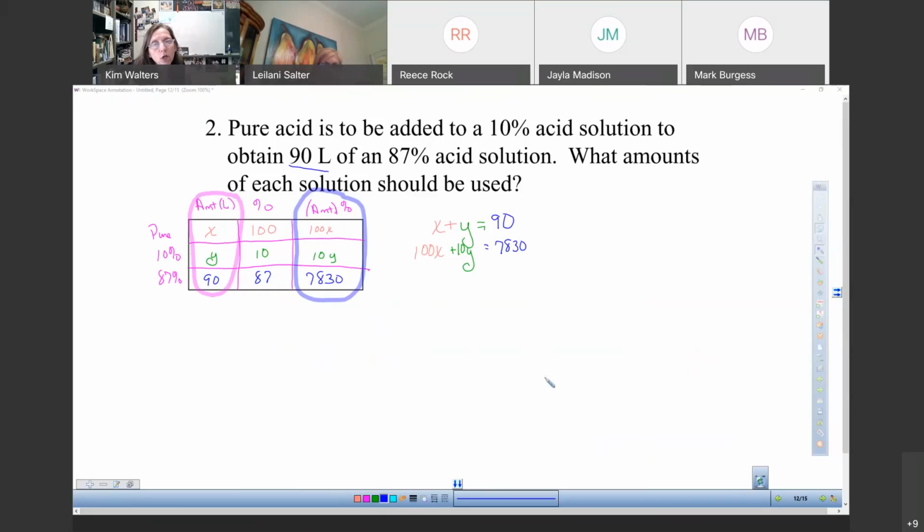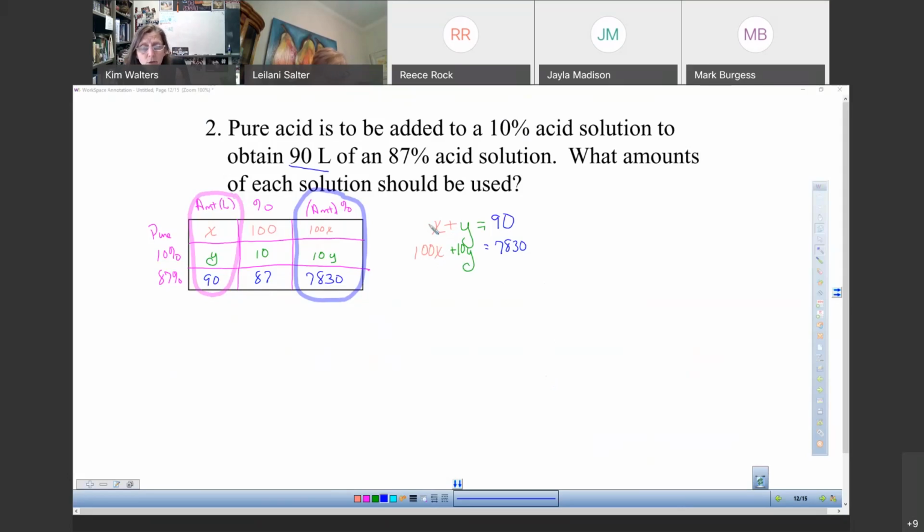I'm going to multiply the first equation by negative 100, so then I can get rid of the x's. Just a little bit different technique. If you want to solve by substitution, solve the first equation for y and go for it. It'll be amazing. You will get exactly the same answer that I get, okay?